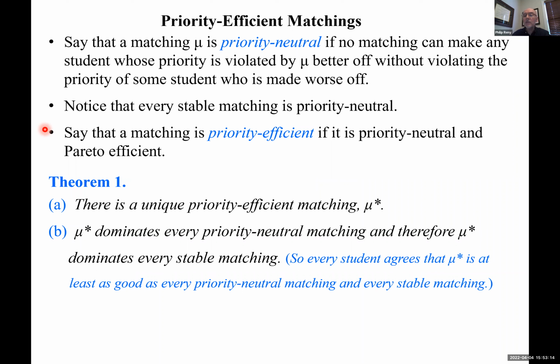So every student agrees that mu star is at least as good as every priority neutral matching and every stable matching. It turns out that the set of priority neutral matchings is a lattice. Those who do matching theory will say, of course, everything's a lattice in matching theory. But it's not obvious, though it's true, that the set of priority neutral matchings is a lattice.